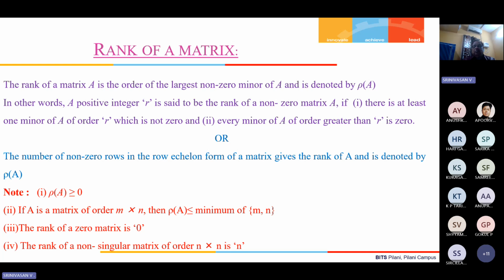The minimum of those two numbers bounds your rank. The rank of a zero matrix is zero. The rank of a non-singular matrix of order n by n is n. What do you mean by non-singular and singular matrix? A matrix is said to be singular if its determinant is zero, and non-singular if its determinant is non-zero.